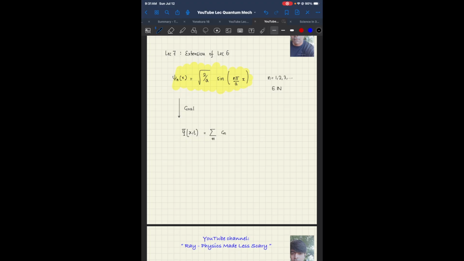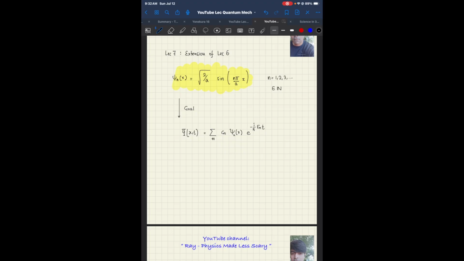Then you would have some undetermined coefficients which we need to figure out. Then you have this psi n of x, which is this guy here. So this part we have done. And you would have some phase factor, e to the power minus i by h cut E n of t.